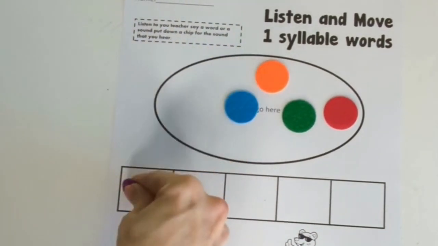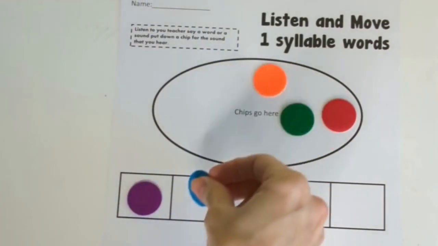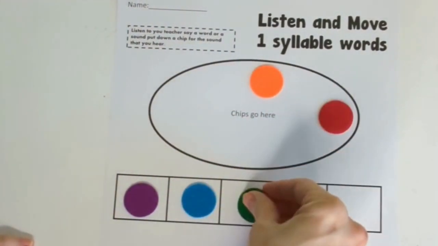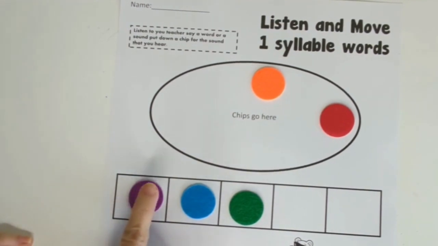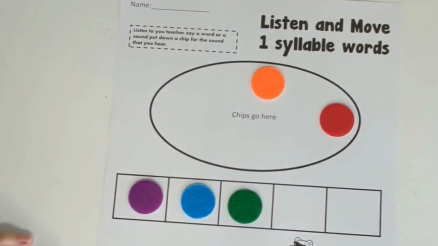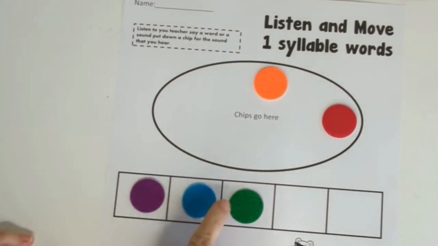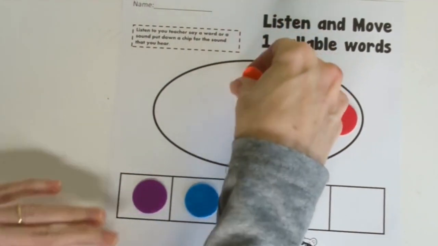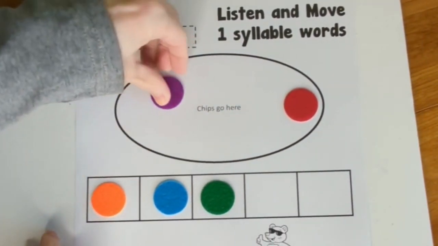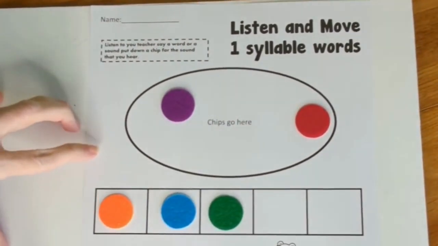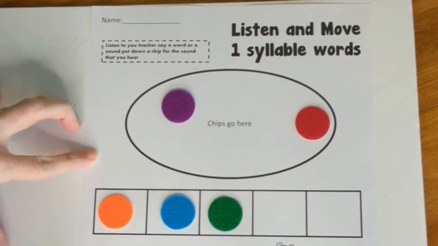So, hat. If this is hat, show me bat. Bat. I'm going to change out my color. If this is bat, show me rat.